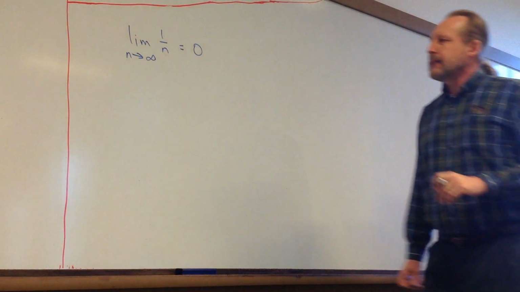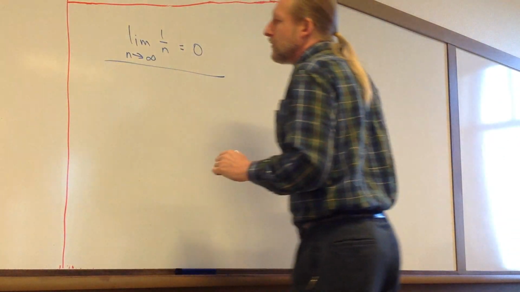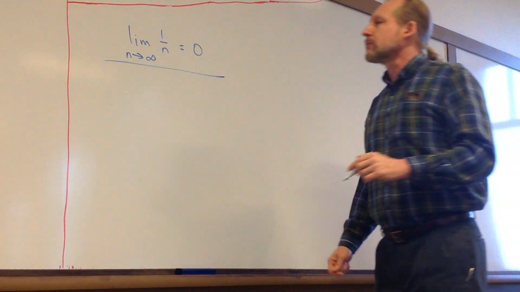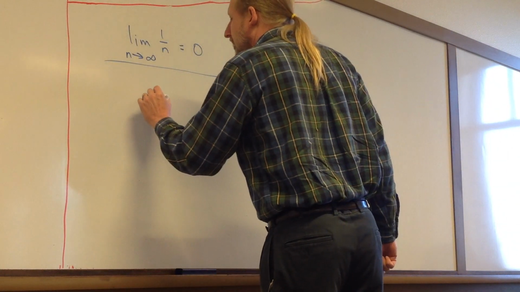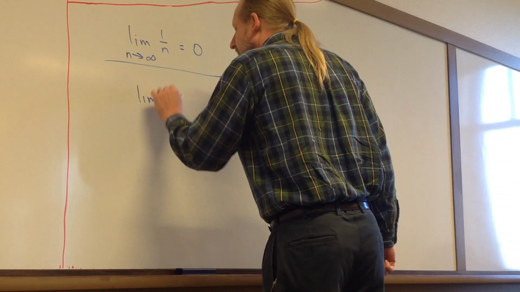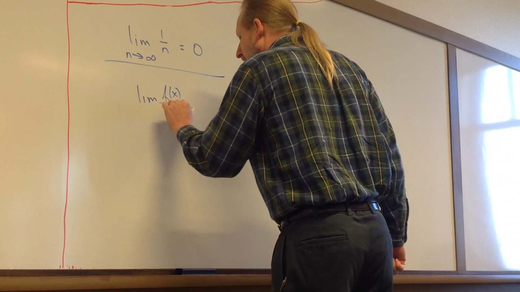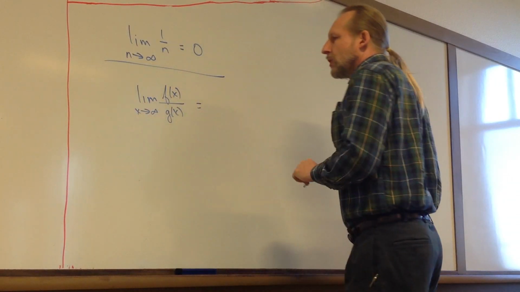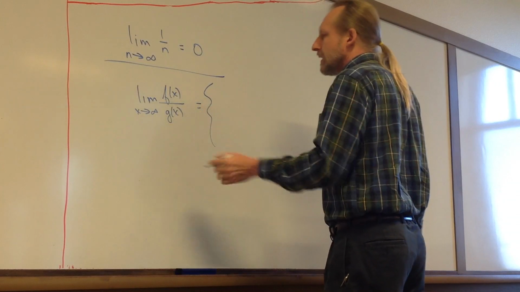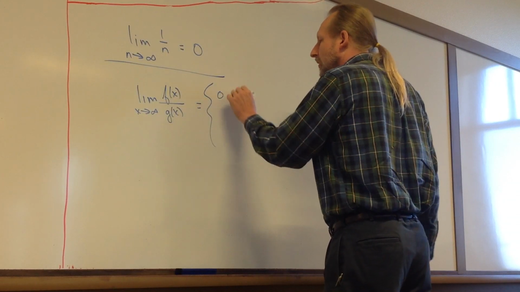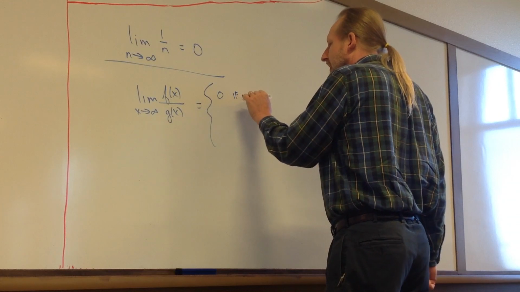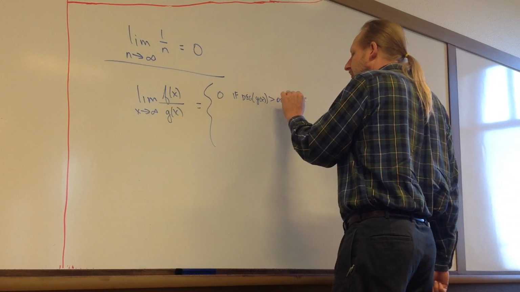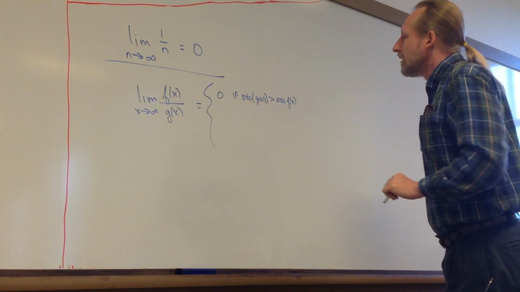And then we had these scenarios where we had a ratio of polynomial functions. Okay? So let's say we've got this expression, limit of f of x over g of x as x goes to infinity. So this will be equal to 0 if the degree of g of x is greater than the degree of f of x.